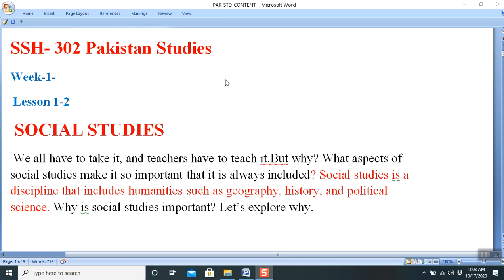Fine, as it reads, social studies is a discipline that includes humanities such as geography, history, and political science.